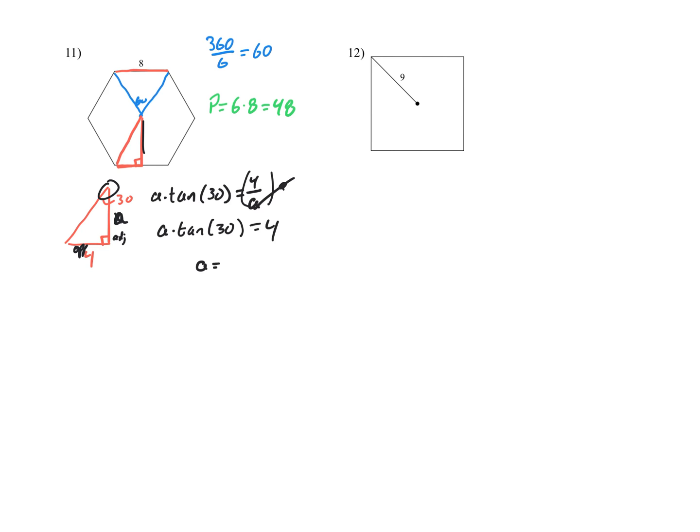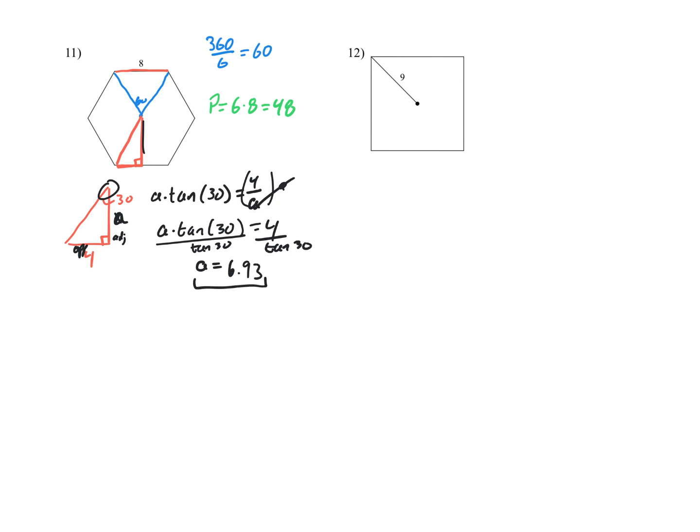Then to solve for a, I'm going to divide by the tangent of 30. So the apothem is going to be 4 over the tangent of 30. 4 divided by tangent of 30. Plugging in the calculator, I get 6.93.